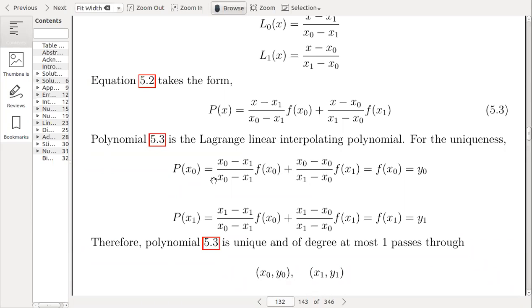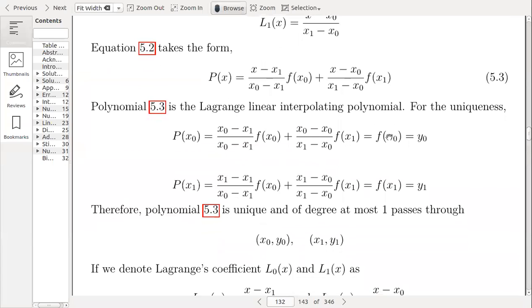So we will have the term x0 minus x1 over x0 minus x1, which can be divided and we will have 1 instead of this coefficient. So this is actually the unique polynomial.